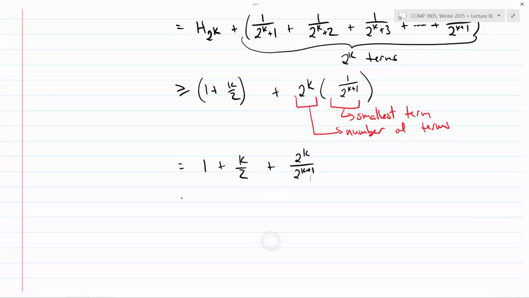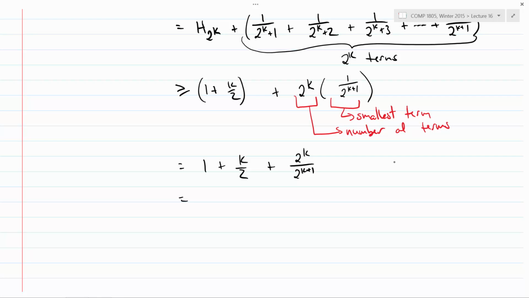So what is 2 to the k over 2 to the k plus 1? It's not quite 1 over k. It's going to be 1 over 2, right? And the reason is, well, who knows the reason? Yeah? You subtract the exponents, then you get 2 to the negative 1. Right.